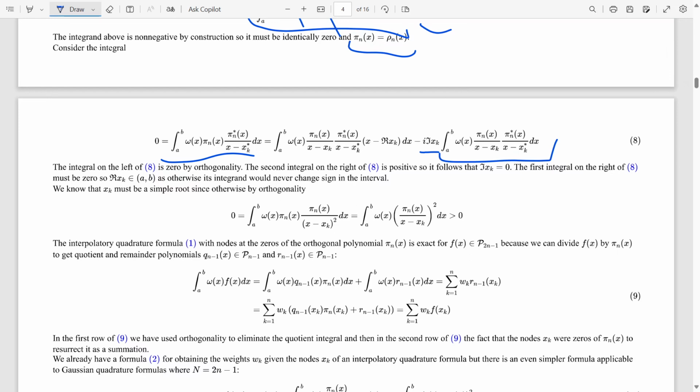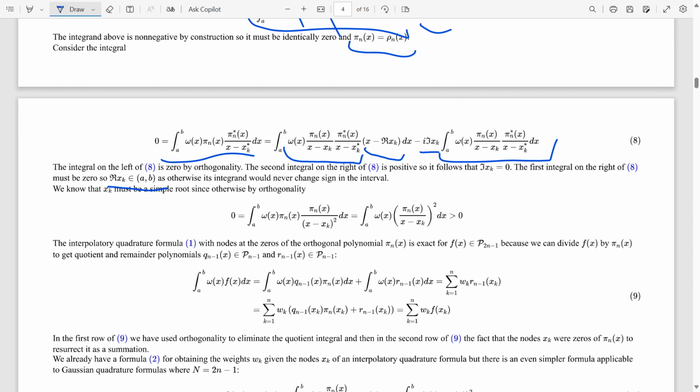And the rest of this integrand is non-negative, so x minus the real part of xk must change sign in the interval of integration, so the real part of xk must lie in the open interval from a to b.